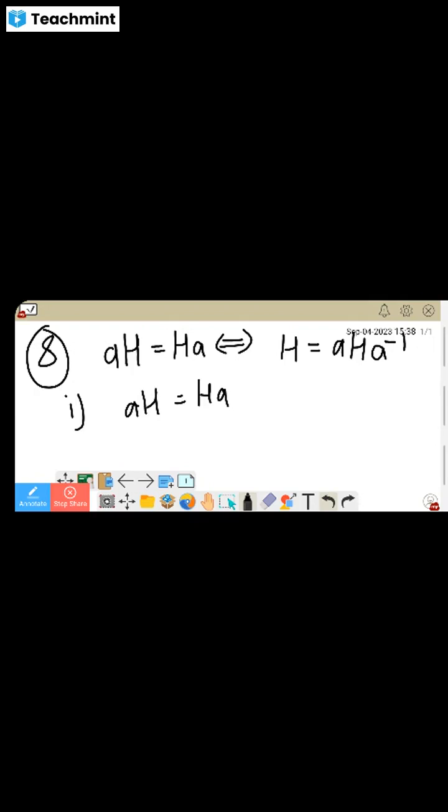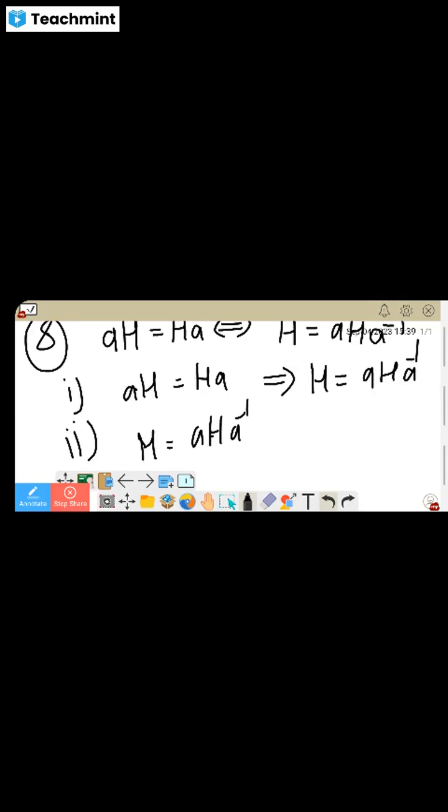And second one, we'll prove in this way: H is equal to aHa inverse, then gives aH is equal to Ha.